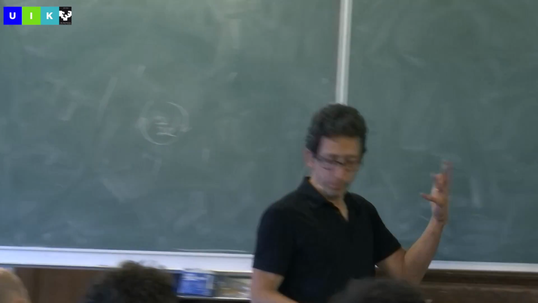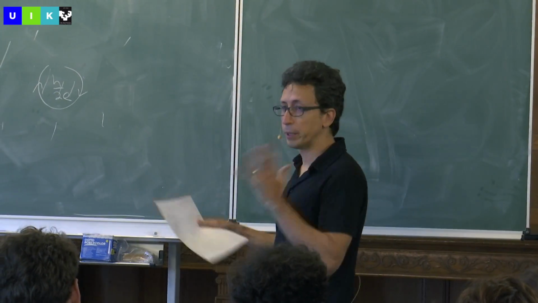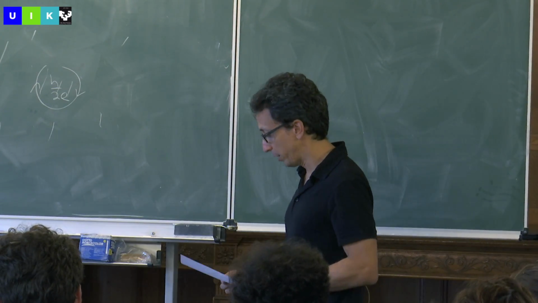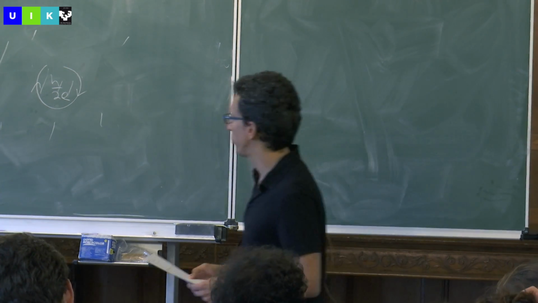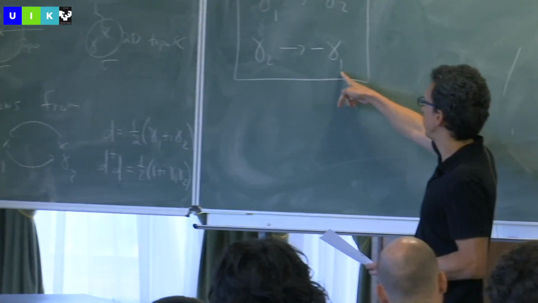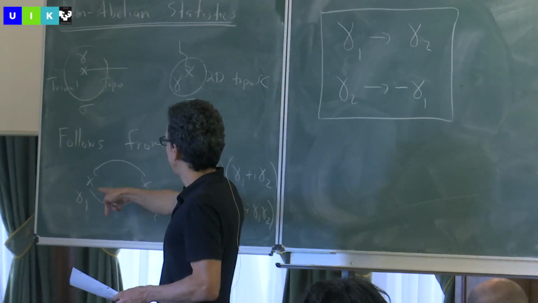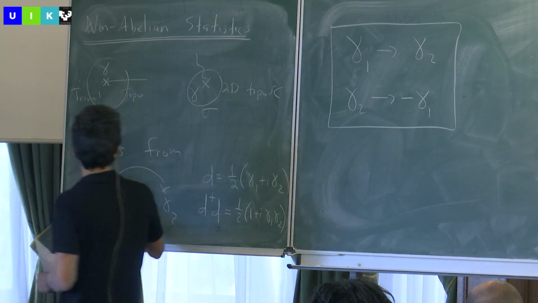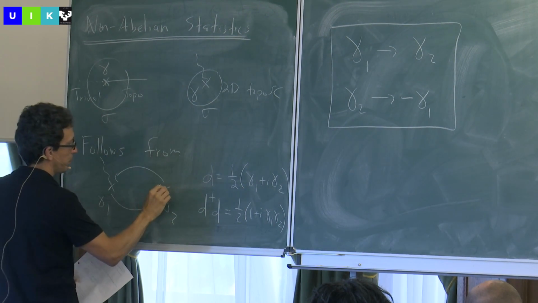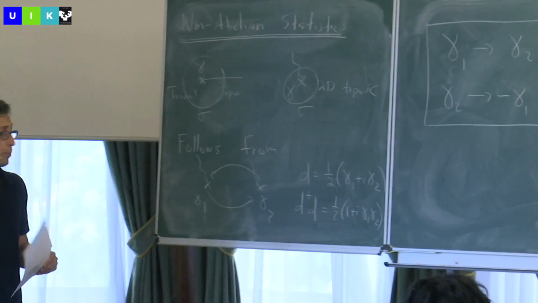Now, I'm arguing this based on inevitability, preventing violation of global fermion parity constraints. But you can actually get some intuition for where that minus sign comes from, at least in the situation where these are vortices in a 2D topological superconductor. For that case, we have these branch cuts which emanate off to the sample boundary.